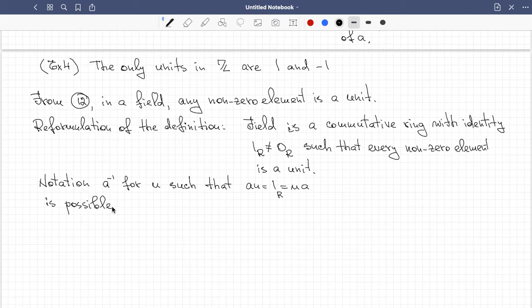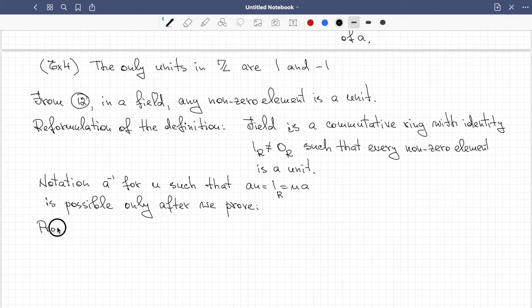However, only after we do some work, the following proposition.